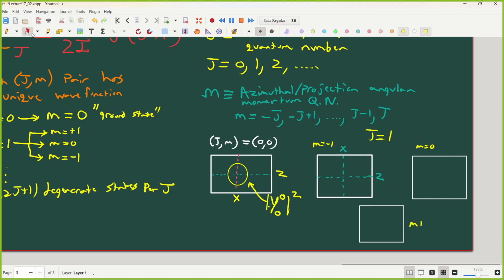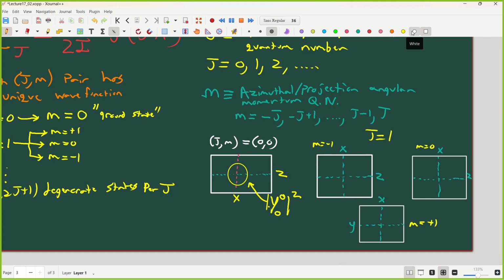It doesn't really matter, and we'll see why in a second. And let me finish the coordinates for these other ones. We'll let this one be XZ as well, but I'm going to change this M equals +1 one to X and Y because they're perpendicular to each other, as it turns out.